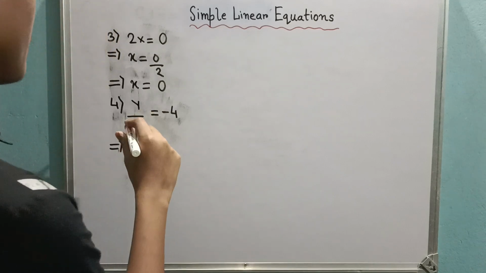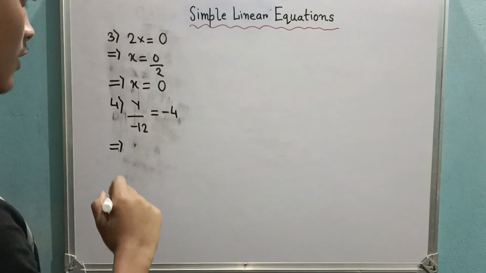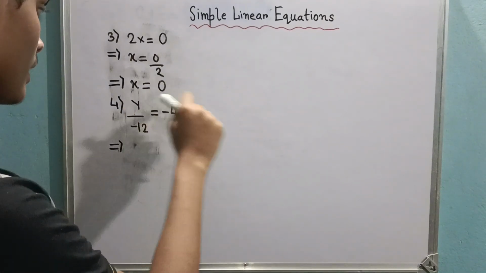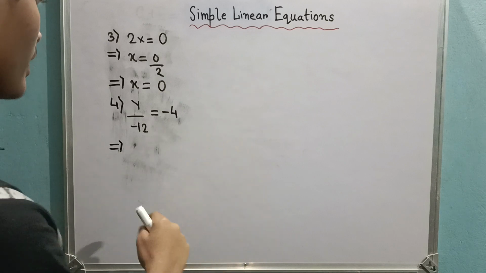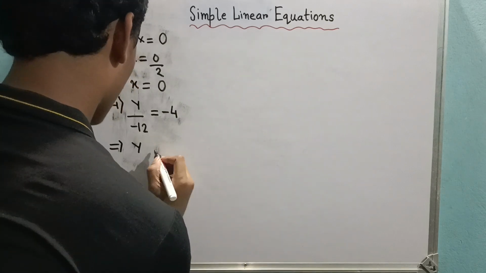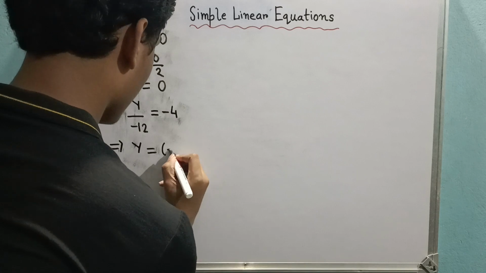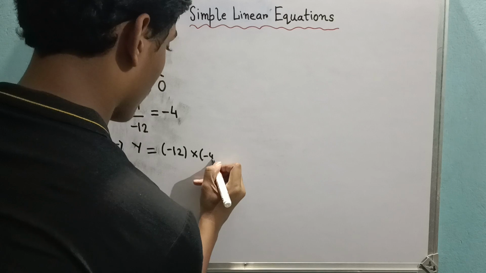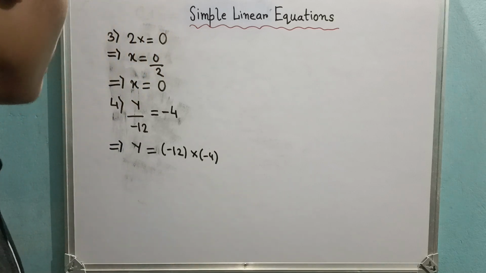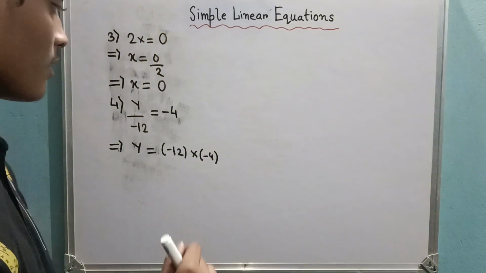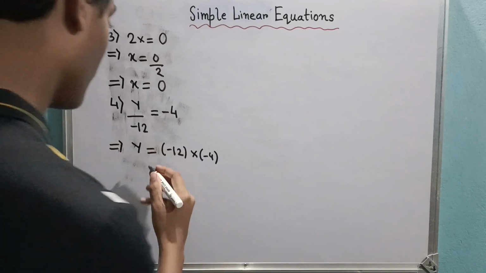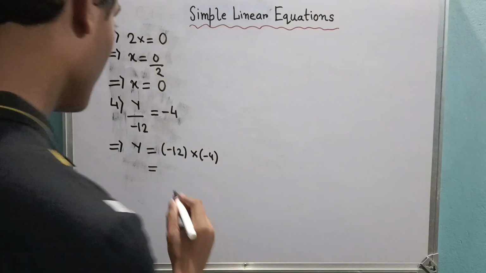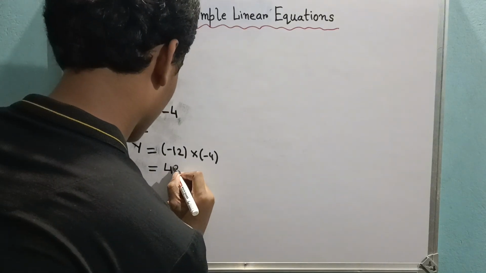And guys, remember that if it is given a by b is equal to c, any equation given in this form, always remember a will be equal to b into c. From that relation we can assume that y is equal to minus 12 into minus 4. So when two minuses get multiplied, the sign converts into plus. So you will get a plus at the beginning, and 12 into 4 we all know is 48. So the answer of this question will be 48.